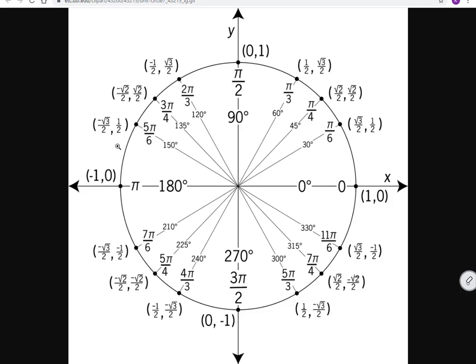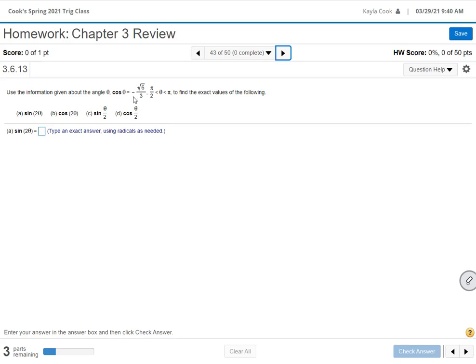In quadrant 2, our x value is negative and our y value is positive. So that means this negative with our cosine of theta value is going to go with the x. Whatever y we find will be positive, so sine of theta will be positive. Our cosine is going to be negative because we're in quadrant 2.